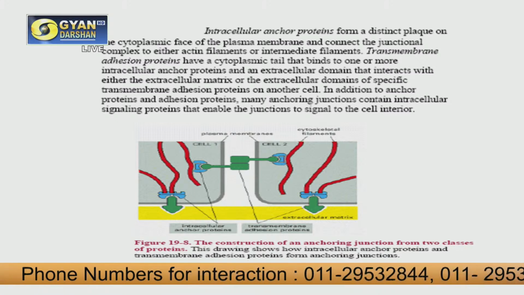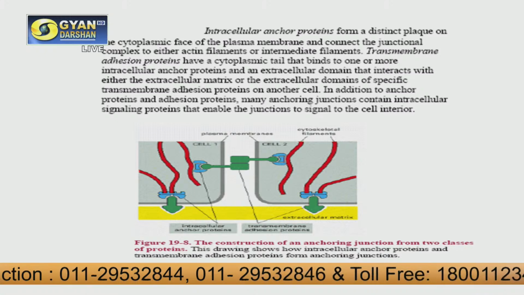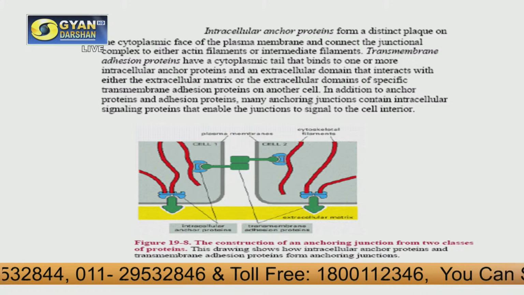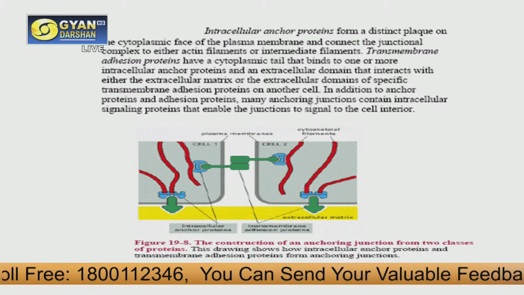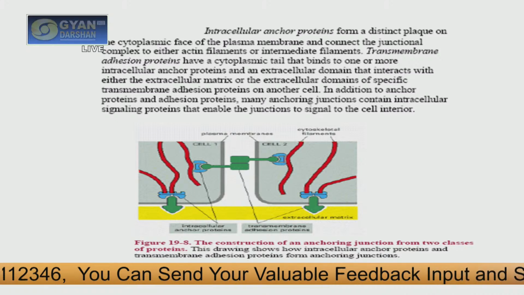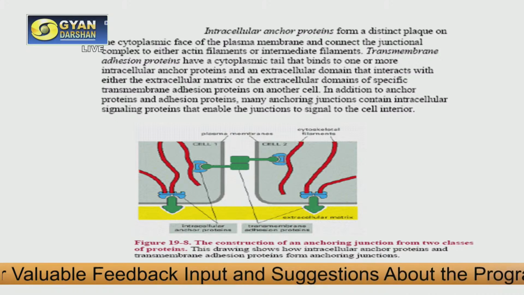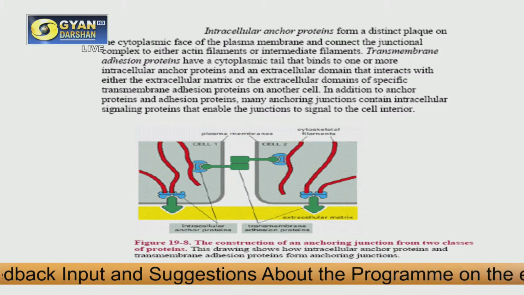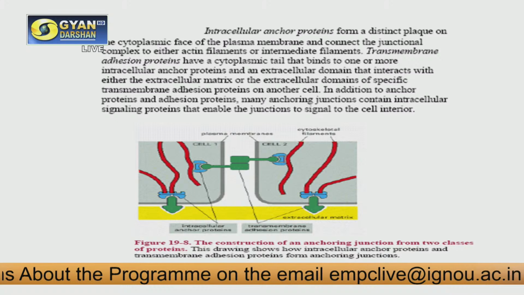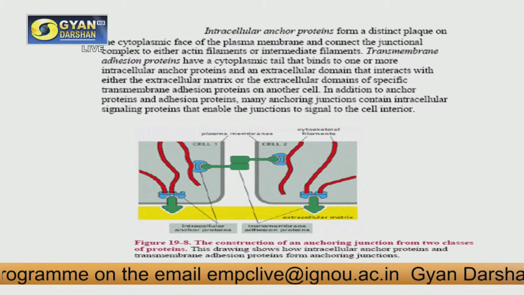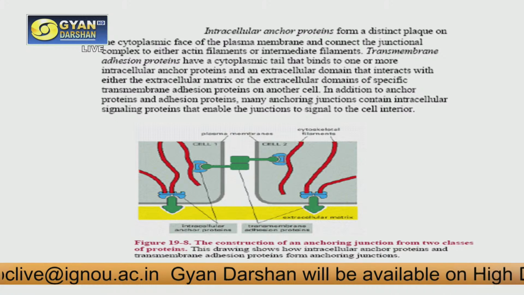We will focus our attention on that blue component and also on the green component, because the green component is also helping in attaching the two cells. The green component is a very elaborate structure having a head portion and a tail portion. So we will now focus our attention on the green structure and the blue structure.